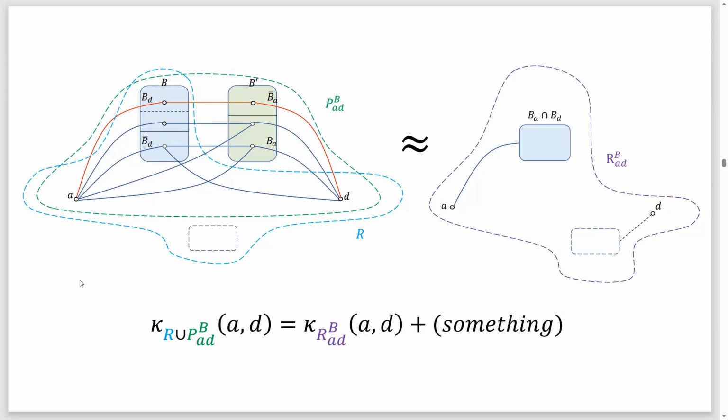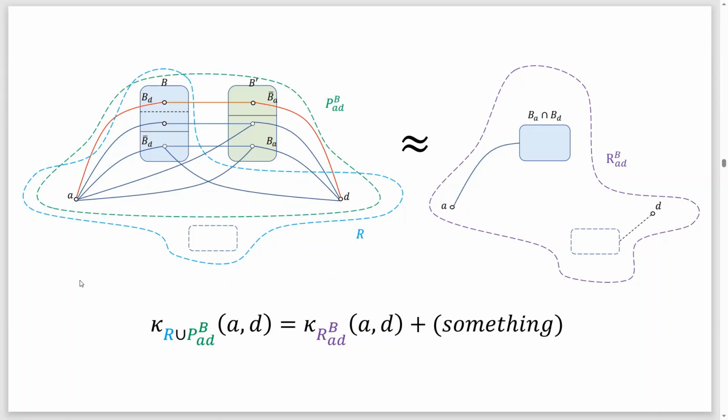Let the set intersection be PBAD, which is green, and we also have the rest of the graph R, which is in blue, and we will show that we can capture the connectivity in RBAD, which is purple on the right, like the graph which we dream about.